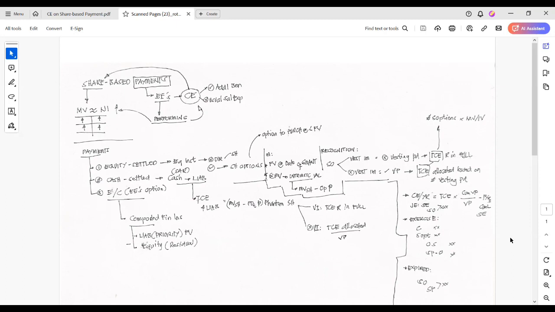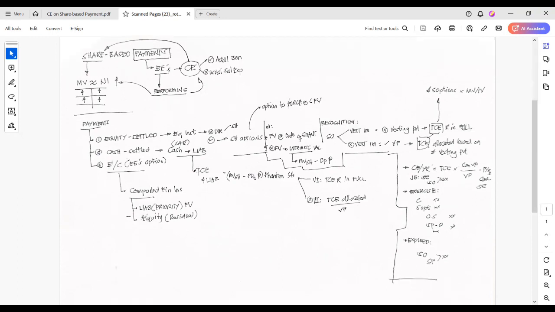Okay? So if that is now exercised, okay? So to journalize first the yearly compensation expense, you have the salaries expense, debit, or the compensation expense, and credit the share options. Share options is included as part of the share premium of the entity.